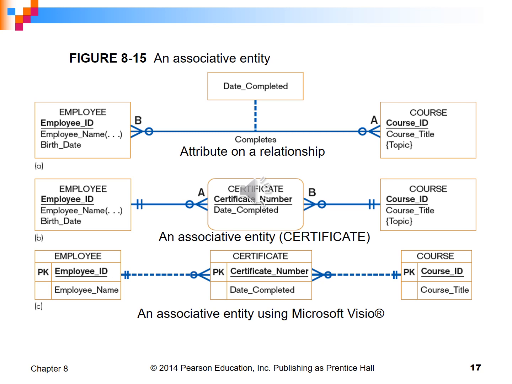So how are we going to find the date completed for a specific employee or a specific course? The date completed doesn't belong to that course, because that course has many different dates completed. It doesn't belong to that employee, because the employee has many different dates completed for that course.